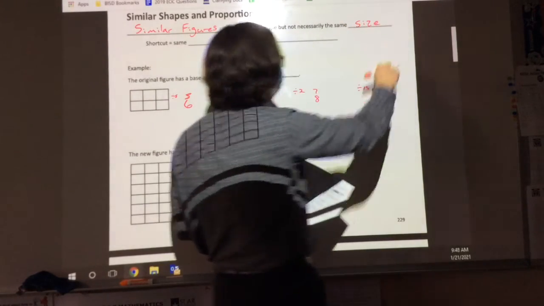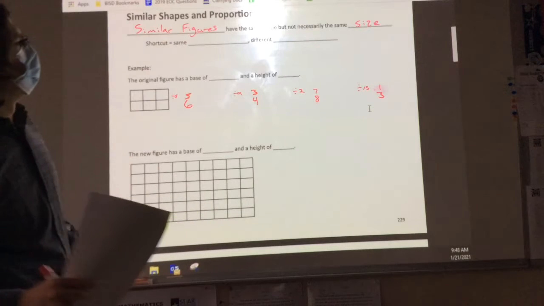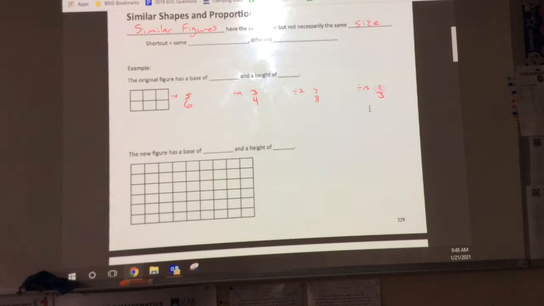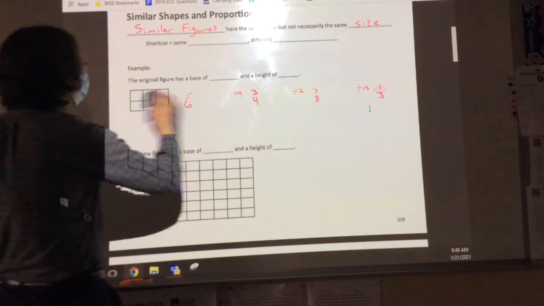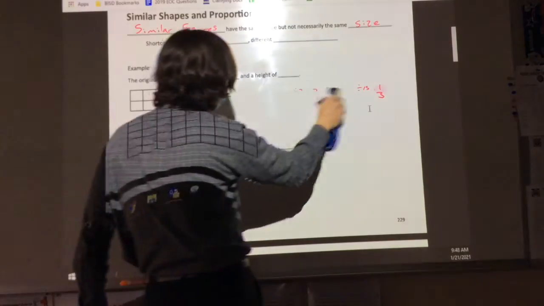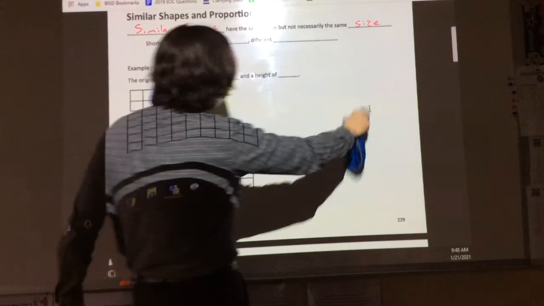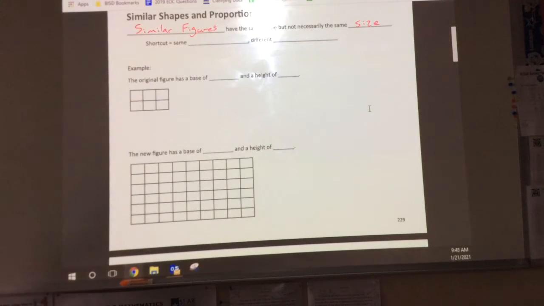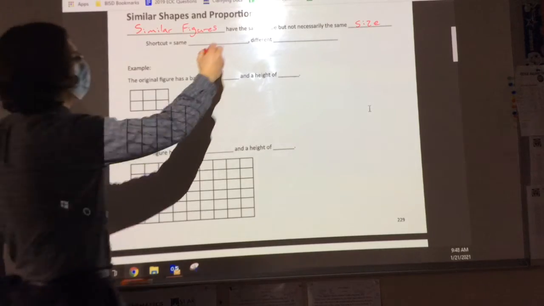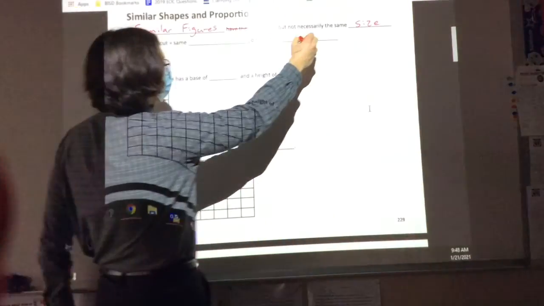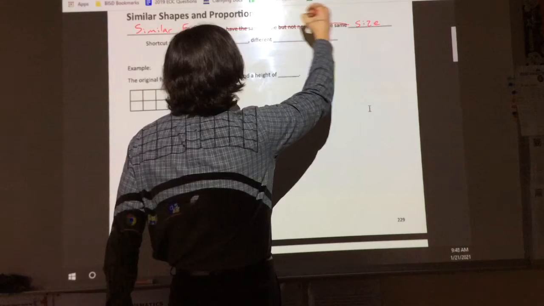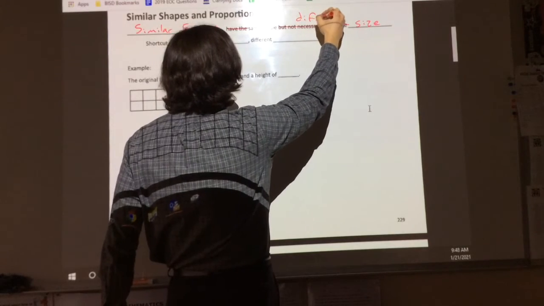So here, if I wanted you to abbreviate that, here's what I want you to write. Similar figures are same shape, different size.